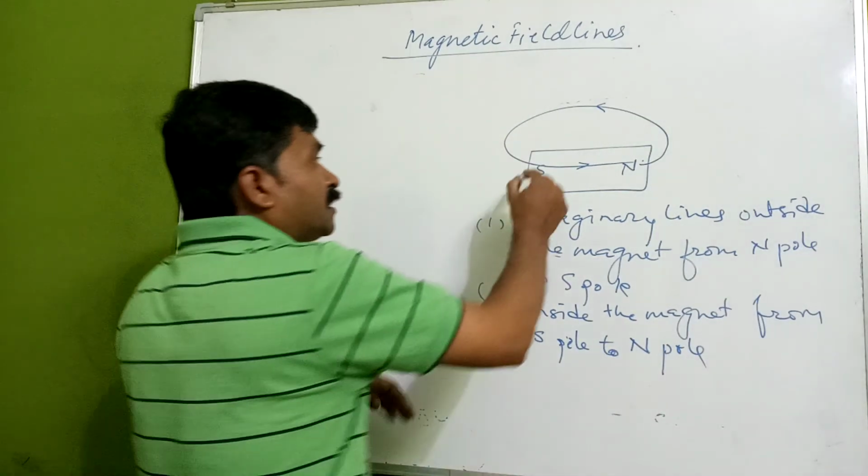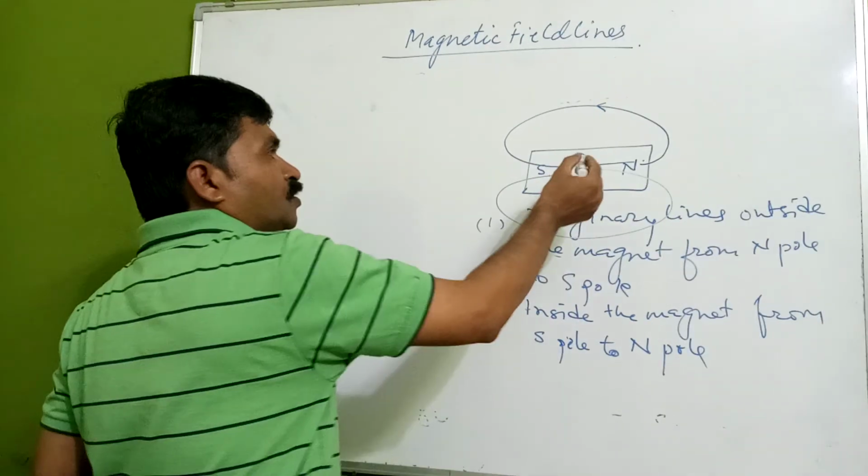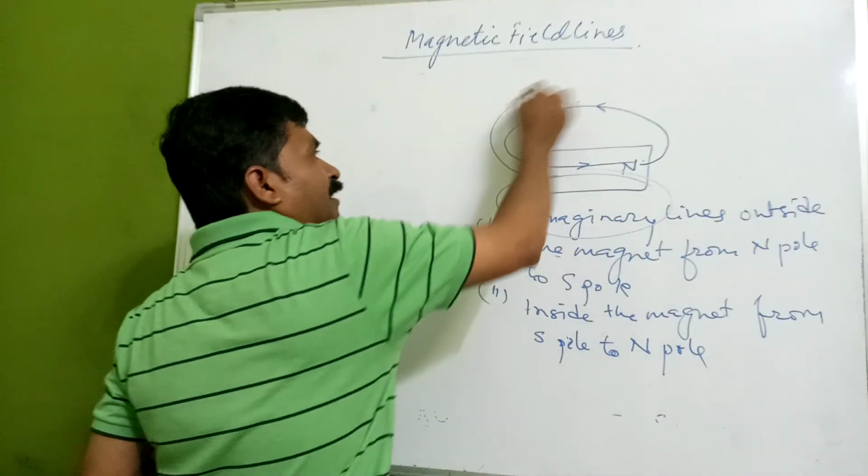Because these lines are here like this. In this way also you are getting so many lines.